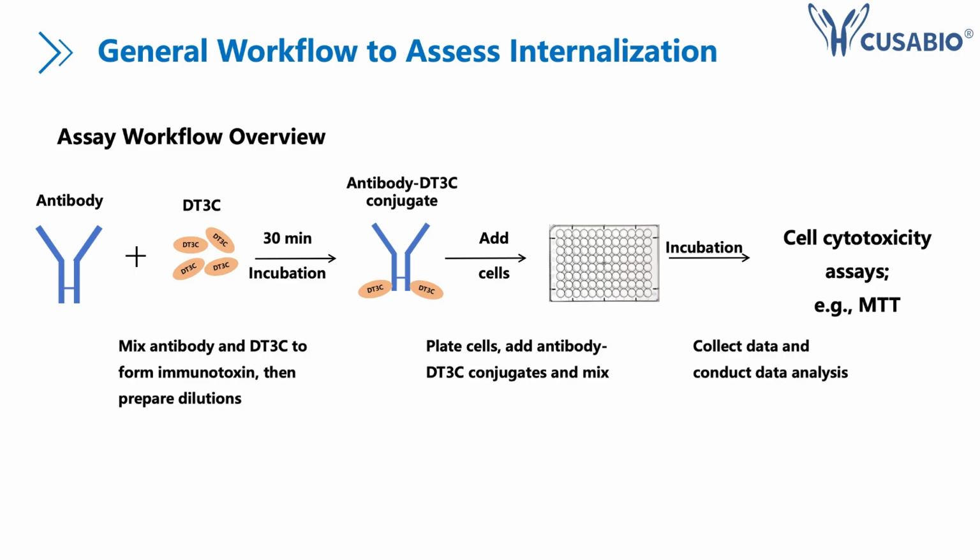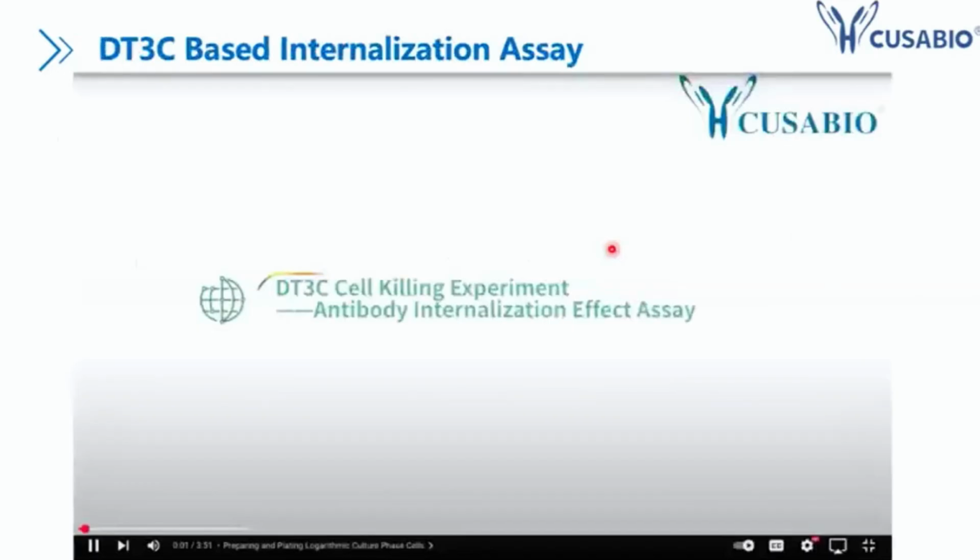You can just use a 96-well plate to perform the assay in a high-throughput manner. MTT and some other cell cytotoxicity assays can help you measure the cell metabolic activities, which is an indicator of cell viability, proliferation, and cytotoxicity. So it's quite easy.